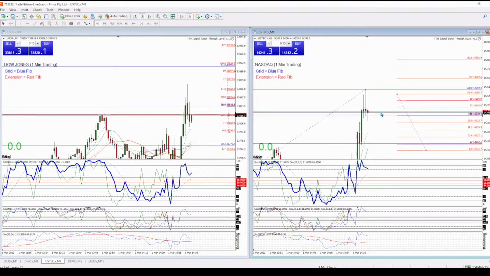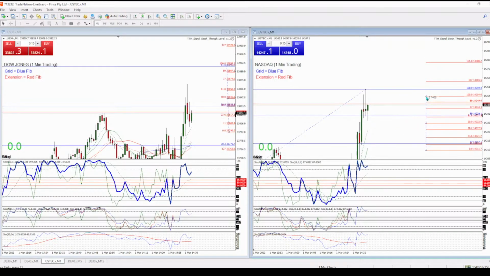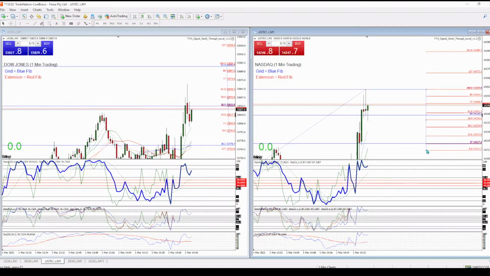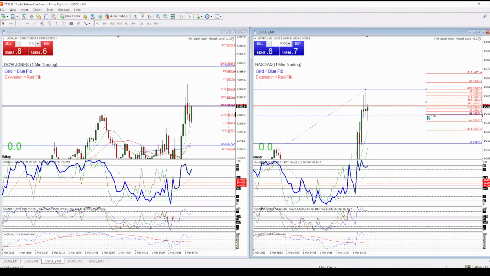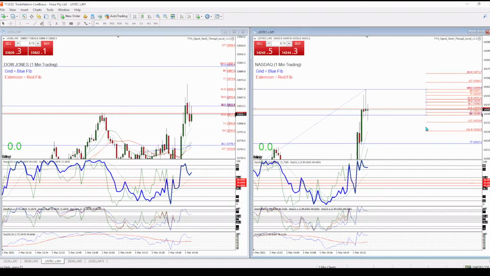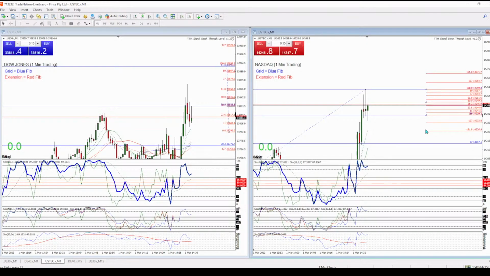On the Dow, US Tech, we just need to wait. There we go.